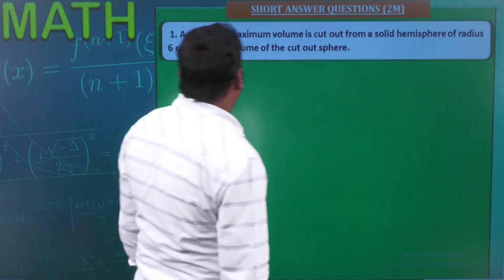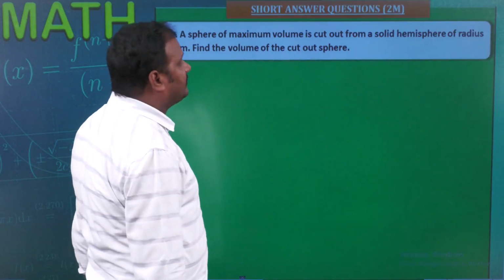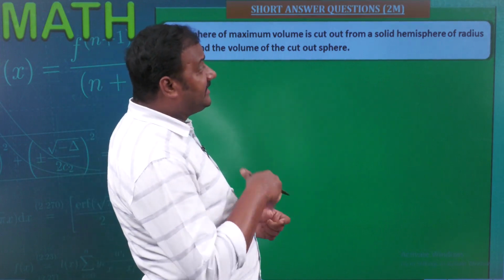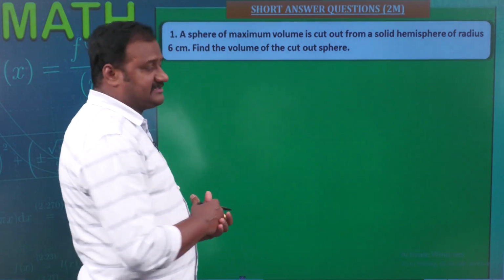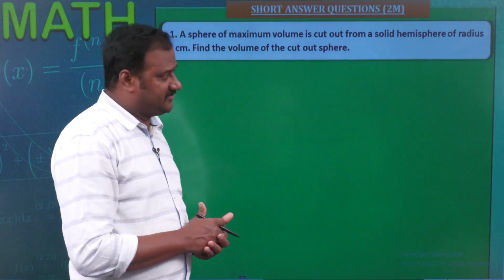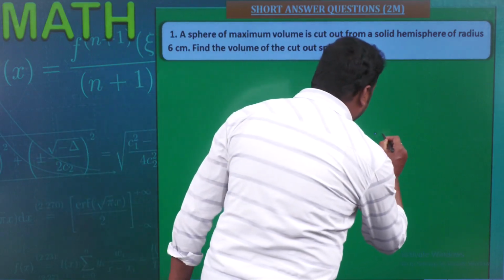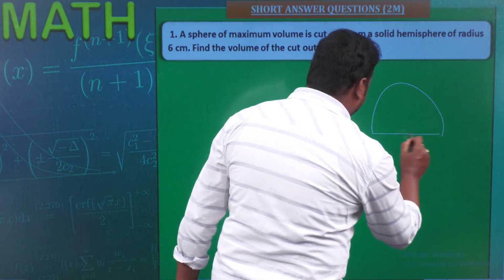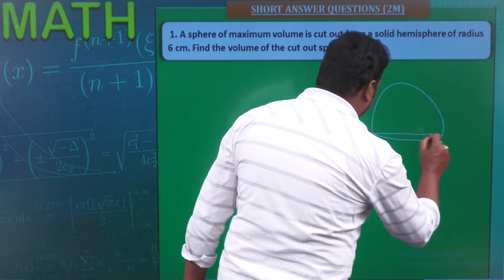First problem is: a sphere of maximum volume is cut out from a solid hemisphere of radius 6 centimeters. Did you understand the problem? There is one solid hemisphere, for example, right?